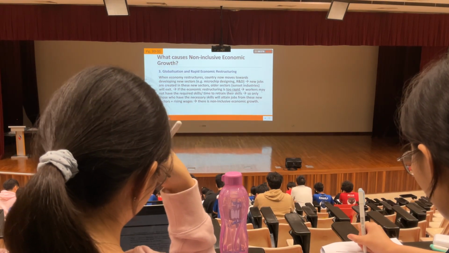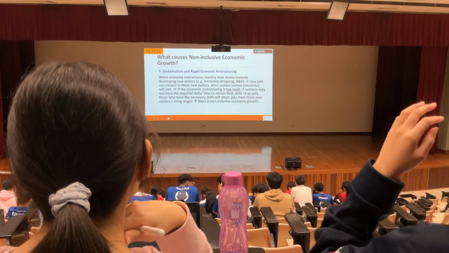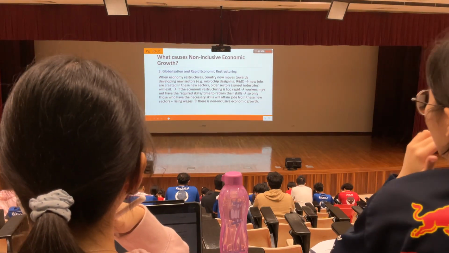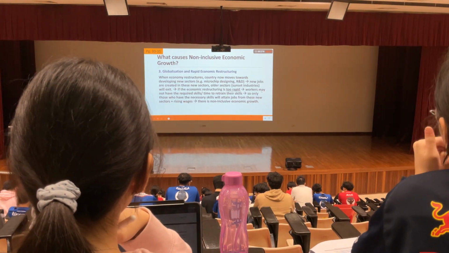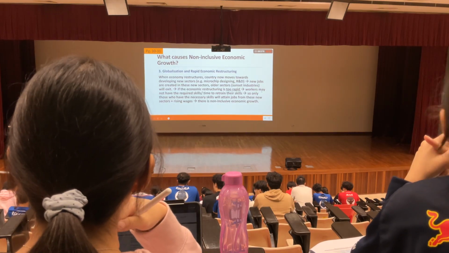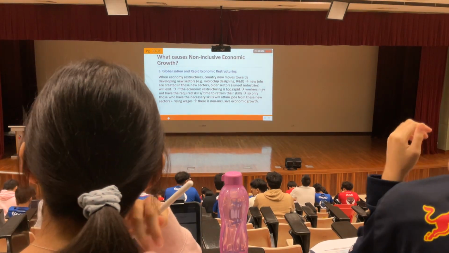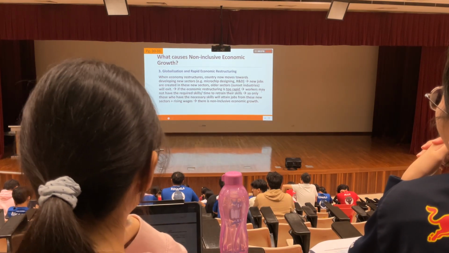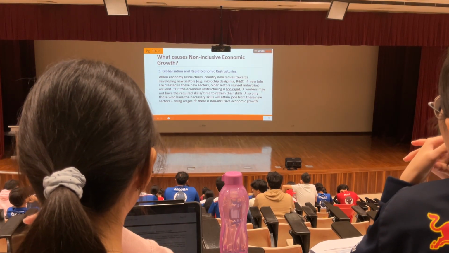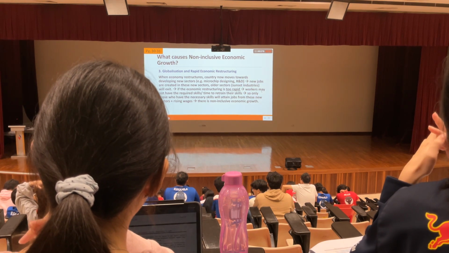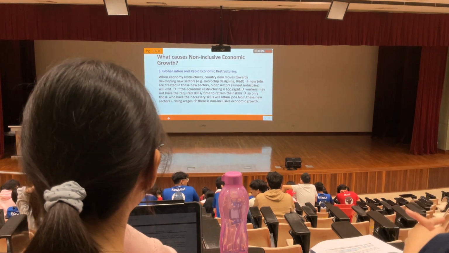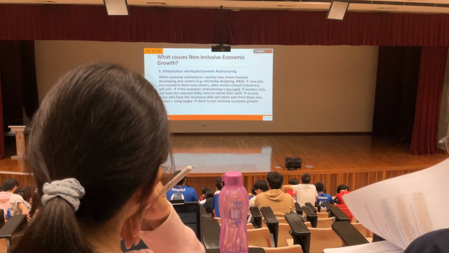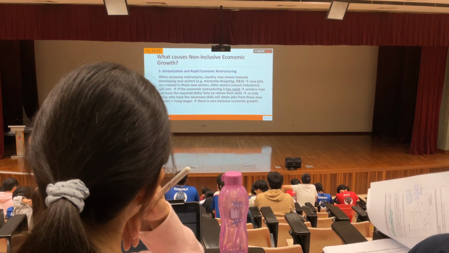So if the economic restructuring is too rapid, meaning the switch from the sunset industries to the new sectors is too fast, then workers may not have the required skills or time to retrain for the skills needed in the economy now. So only those who have the necessary skills will attain jobs in these new sectors, and they benefit from the rising wages because now there is a high demand for people to work in that particular sector.